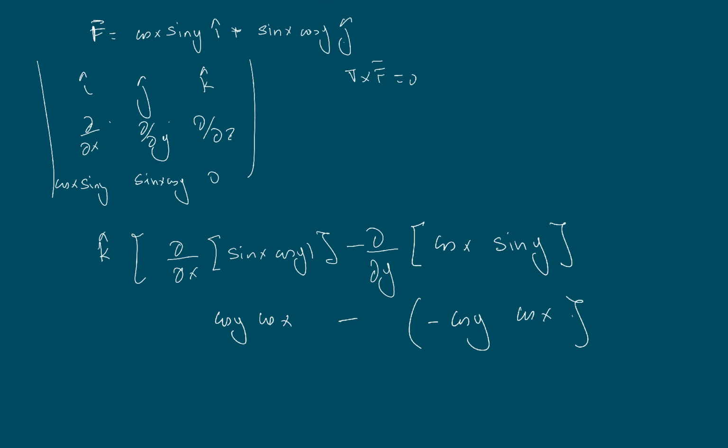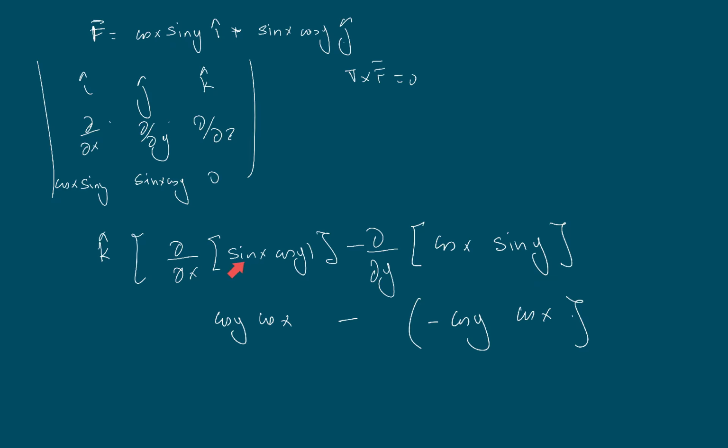Let me check. The derivative with respect to x of sine of x cosine of y, perfect, minus the derivative with respect to y of cosine of x sine of y. Oh, sorry, I made a mistake. Well done.